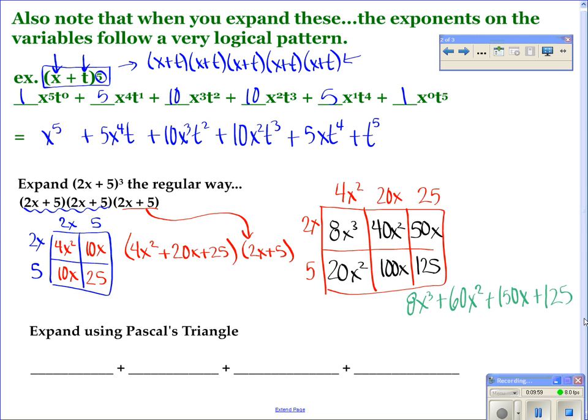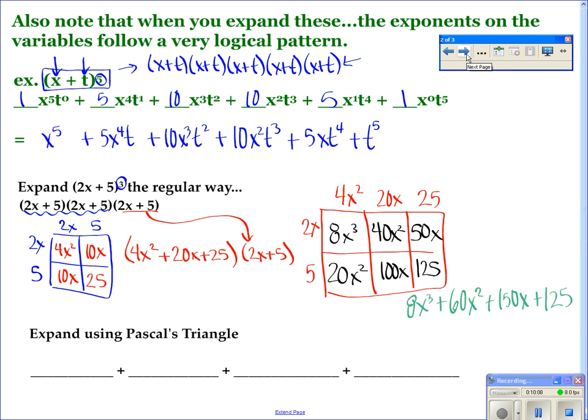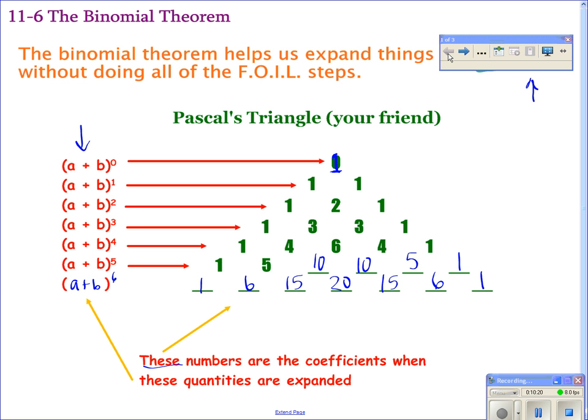So we have a problem where we have a cubed. So on that row, we have a 1, 3, 3, and a 1. So right here we have 1, 3, 3, and 1. Because whenever we have something to the third power, we follow this arrow, and there's 4 terms right there.